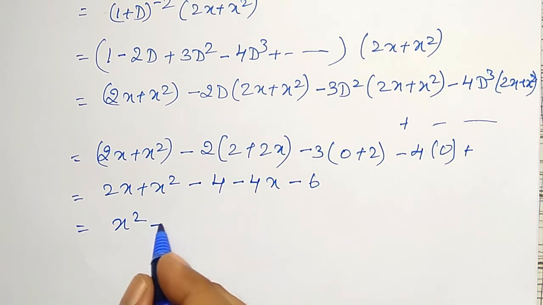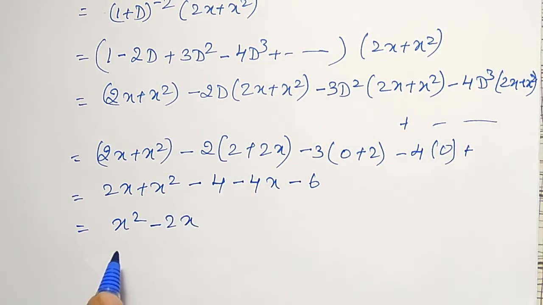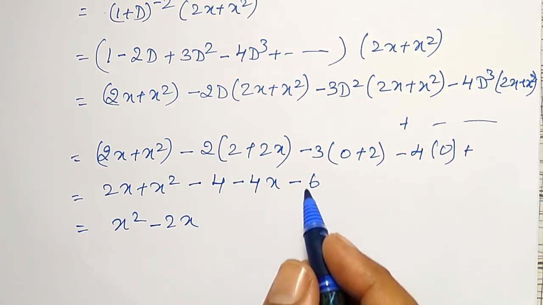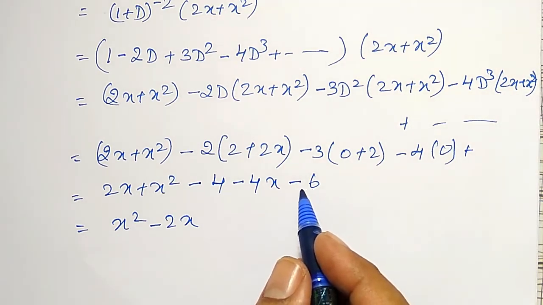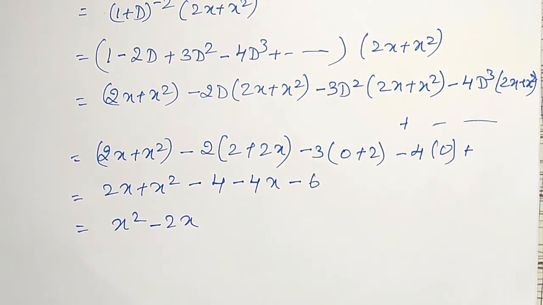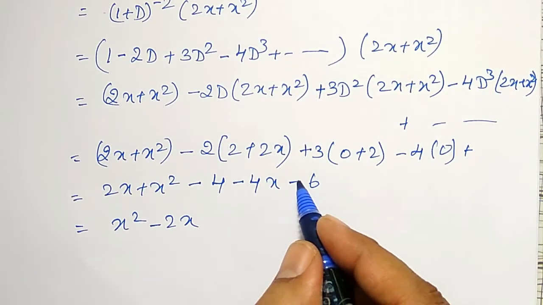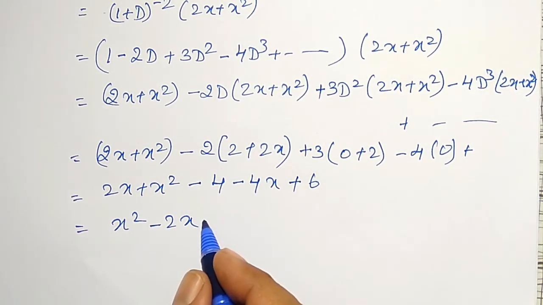Which is equal to x square, 2x minus 4x will become minus 2x, and minus 4 plus 6, sorry, here plus 3d square is there, so this will become plus 6, therefore it will become plus 2.